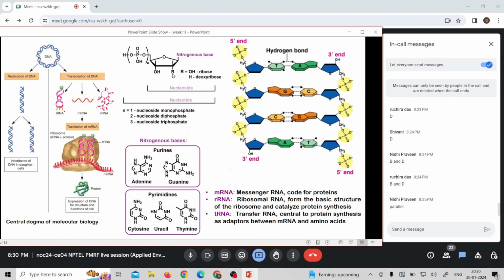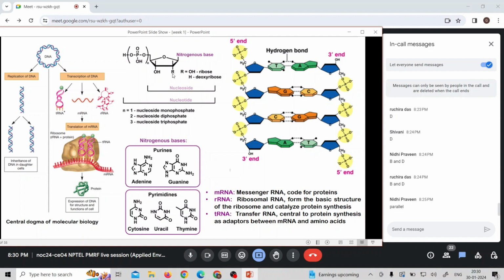The nitrogenous base is attached to this ring structure, and when the nitrogenous base and ring structure are attached together, you call them a nucleoside, as mentioned here. When there is an attachment of a phosphate group to this, you are going to call it a nucleotide. So without phosphate, you call it a nucleoside, and with phosphate, you call it a nucleotide.